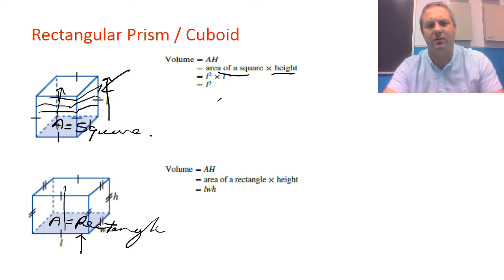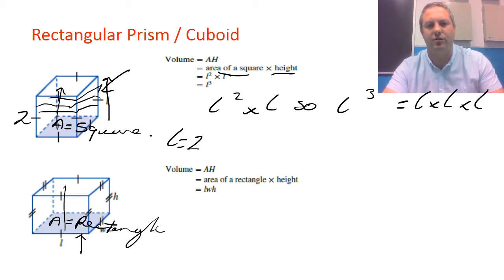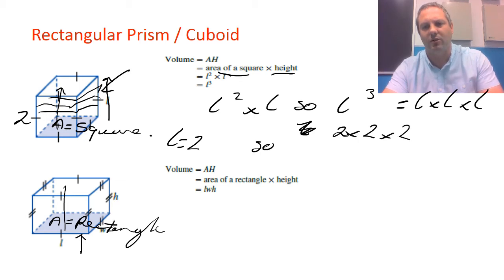When we did area, we looked at L squared, but now we need to times by another L. So we actually have L to the power of 3, which is the same as L times L times L. So we might make L equal 2. So we have 2 times 2 times 2. 2 times 2 is 4, times 2 equals 8, so 8 centimeters cubed.